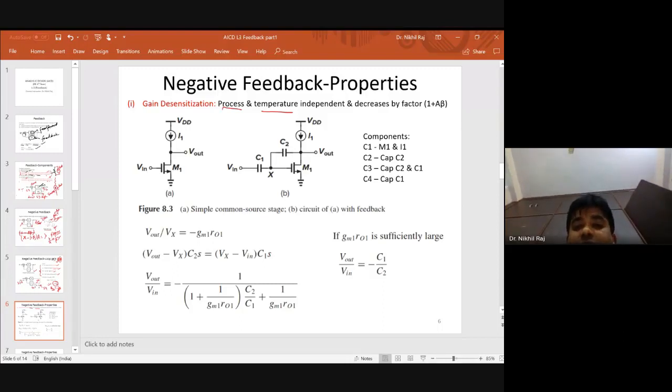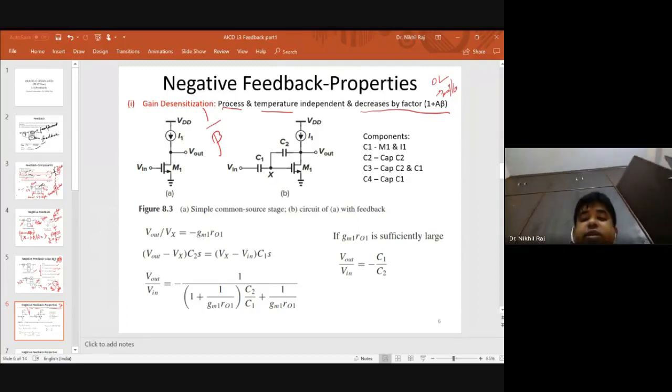So negative feedback gives one of those properties, that gain becomes a function of 1 by beta, where beta is only the passive components. Further, due to negative feedback, the gain decreases by a factor of 1 plus A beta. A is your open loop gain and beta is your feedback component. The word negative itself says that some decrease will be there, and your gain decreases by the factor of 1 plus A beta.